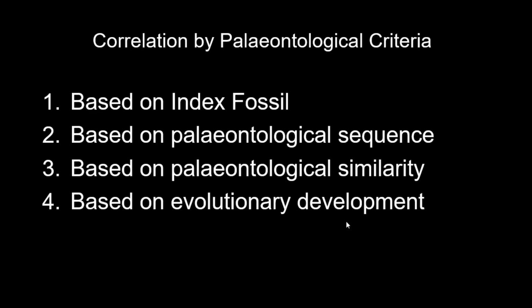As you have not studied paleontology, you may not be aware of the term index fossil. An index fossil is nothing but an easily recognizable and easily distinguishable fossil that has some special characters. The first one is that it should be very easily recognizable and easily distinguishable from others.